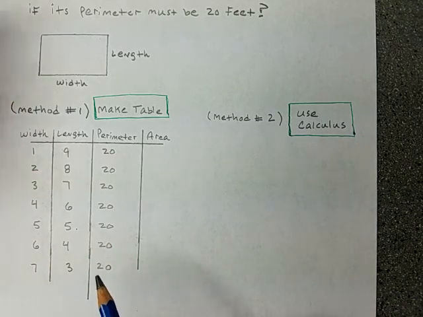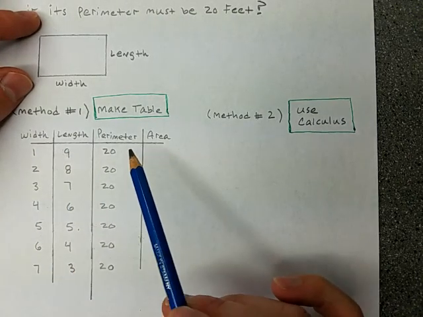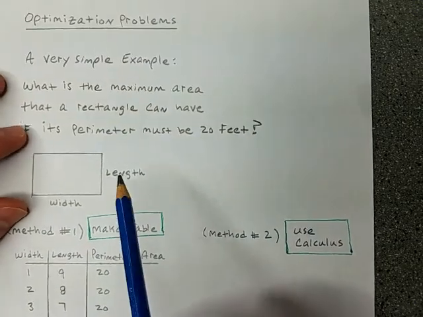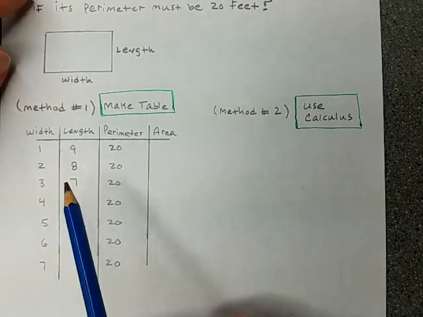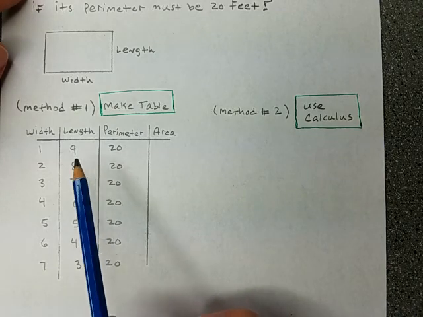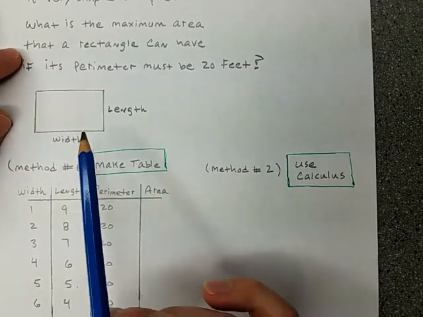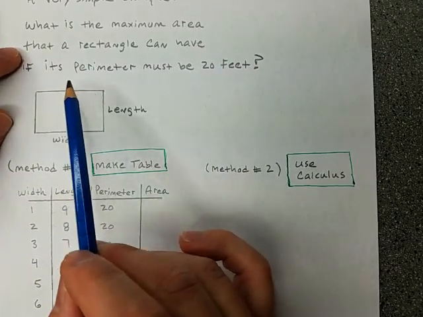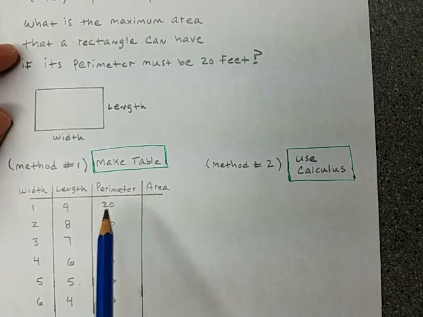All right. So every possibility I mentioned has a perimeter of 20 feet because that was the constraint that we're working under. But it could be a 1x9 rectangle. Why is that? Well, the perimeter is the total distance around the rectangle. So 1 and 1, that's 2, and 9 and 9, that's 18, and 18 plus 2 is 20, all right?